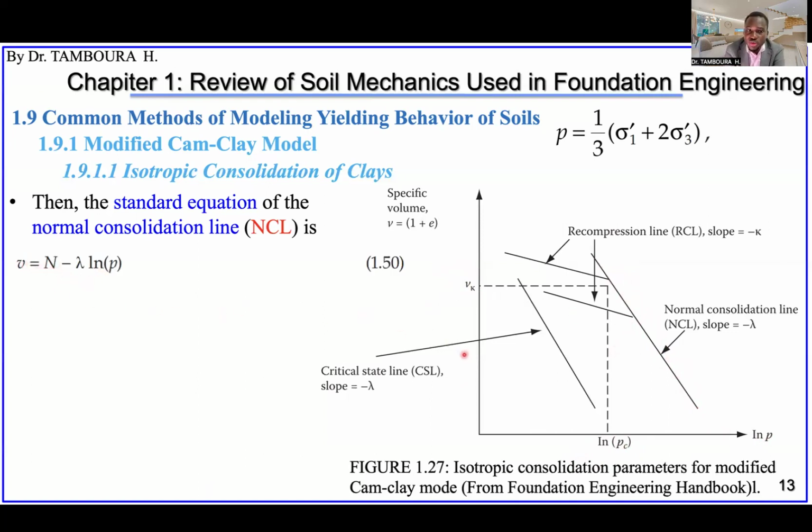The volume is a function of this N, the intercept, minus lambda times ln, because here it is a log scale, ln of the mean stress.